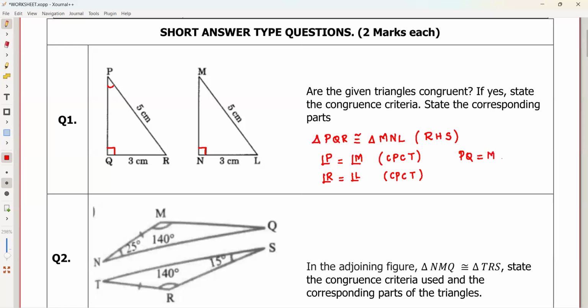PQ is equal to MN. This also CPCT. Okay, has everyone understood this question? Yes. Okay, how are we identifying the congruency criteria?